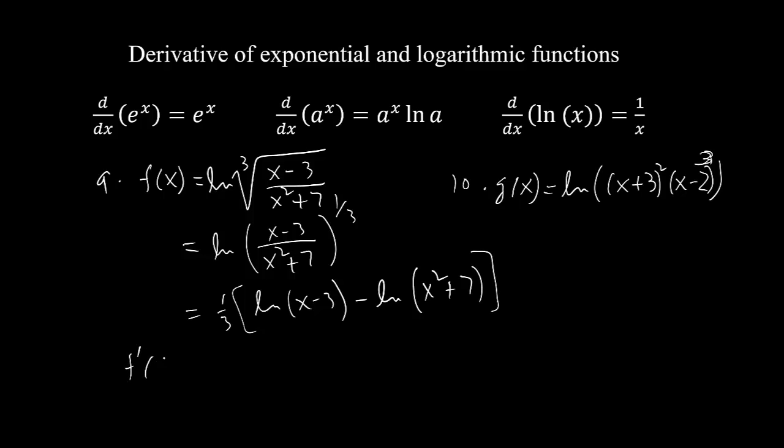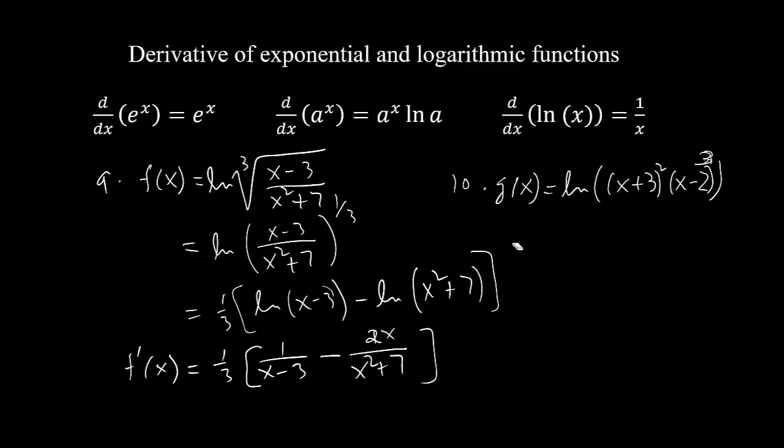Now when you take the derivative, f prime x is so simple. 1/3, this derivative is 1 over x minus 3, and then inside derivative is 1, so you're done, minus this one will be 1 over x squared plus 7, and then derivative of this one is 2x, you can write here. You are done for number 9.